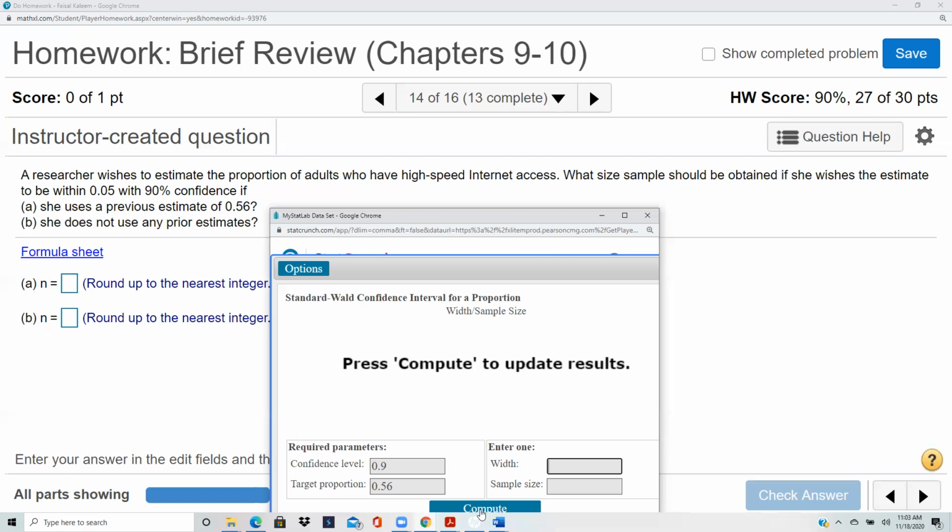Wouldn't it be 16 to 22? Right. And how much is the length of this interval, 16 to 22? 6. So the margin of error was 3 and the interval length was 6.